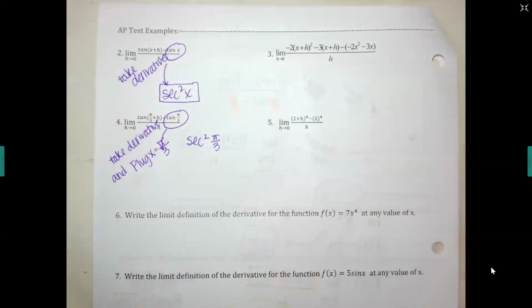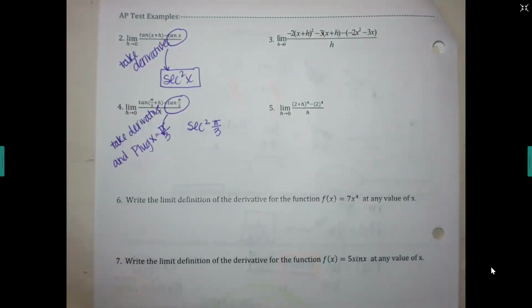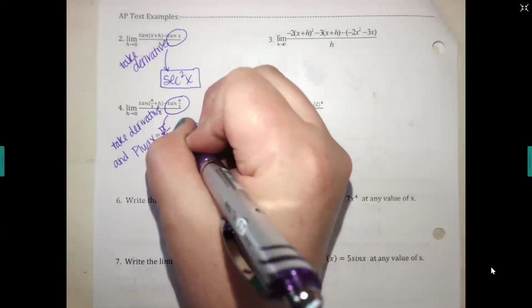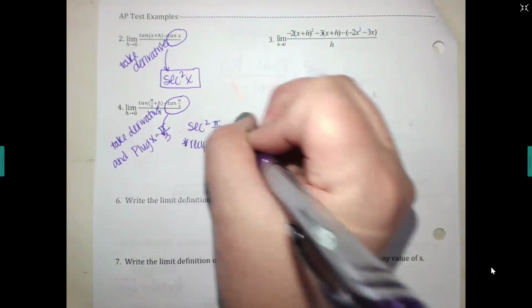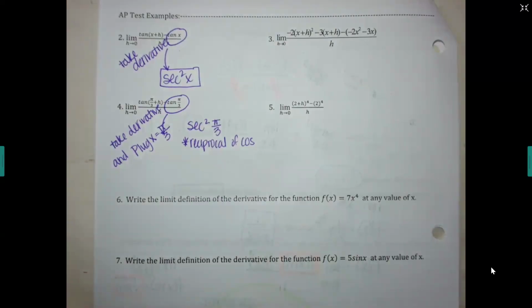Very good. Now, I know that we haven't done a ton of secants, but let's start thinking about it now that we have hopefully sine and cosine under wraps. Secant, I want you to write on your paper, is the reciprocal of cosine. All that means is you're going to find the answer for cosine, and then reciprocal just means you're going to flip it.